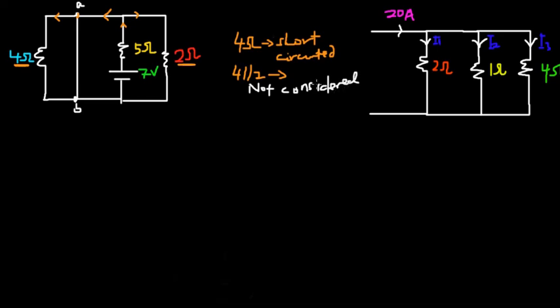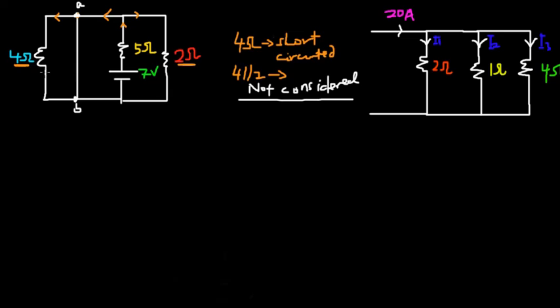Pay rapt attention to this portion, because you might meet a similar question. Again, listen attentively. AB is a short circuit, and we know that a short circuit absorbs all current flowing towards it. It means that no current will flow through this 4 ohm resistor, so this 4 ohm resistor has been short circuited.